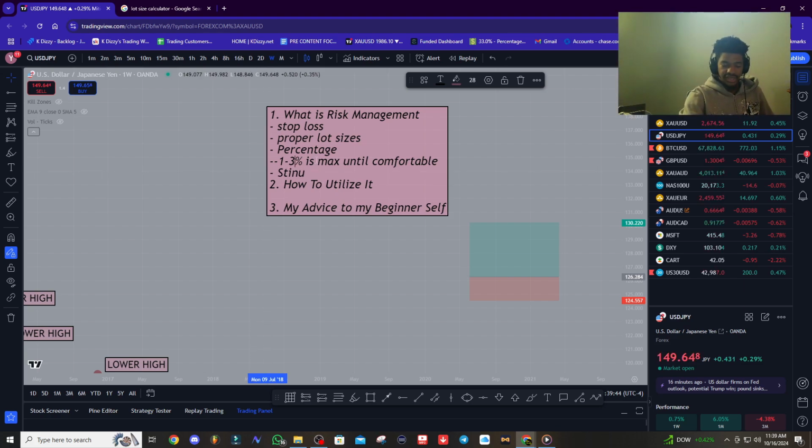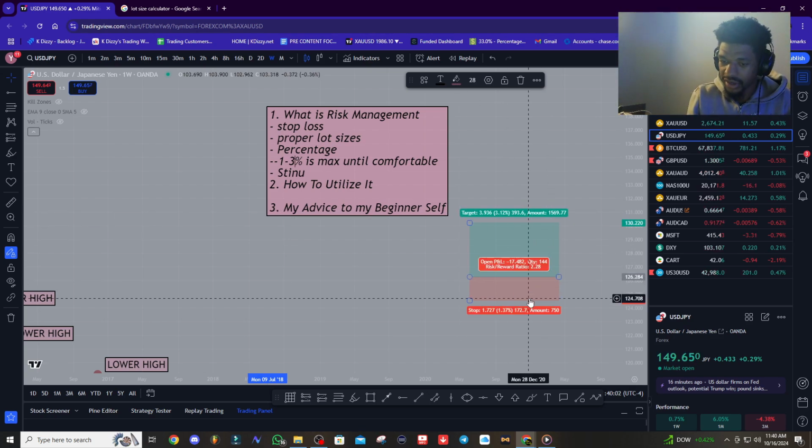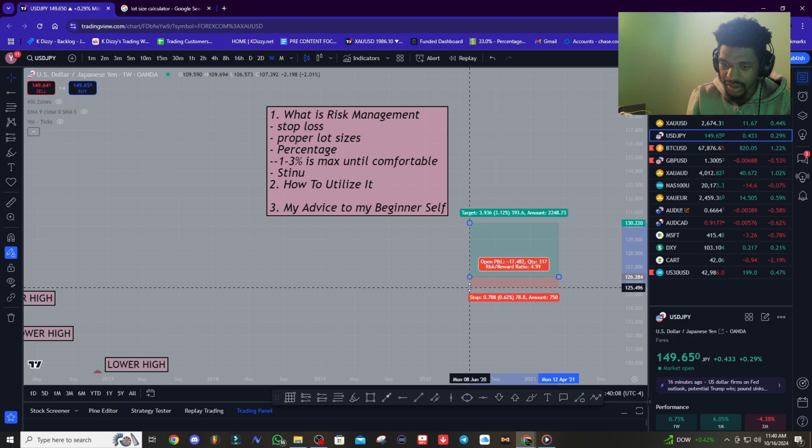After you put your stop loss into Steenu, let's go back to this. So account balance, the percentage you want to risk, let's say 3%, and then the last number is the stop loss. If we go right here, that will be the stop loss. If I go up higher, you can see a change.